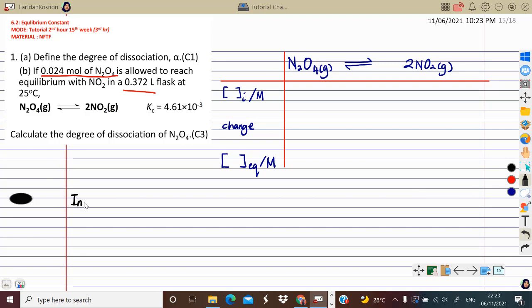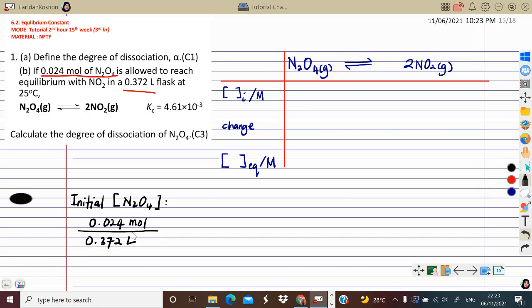Initial concentration of N2O4, which is equals to what? 0.024 mole, divide by the volume of container, 0.372 liter.